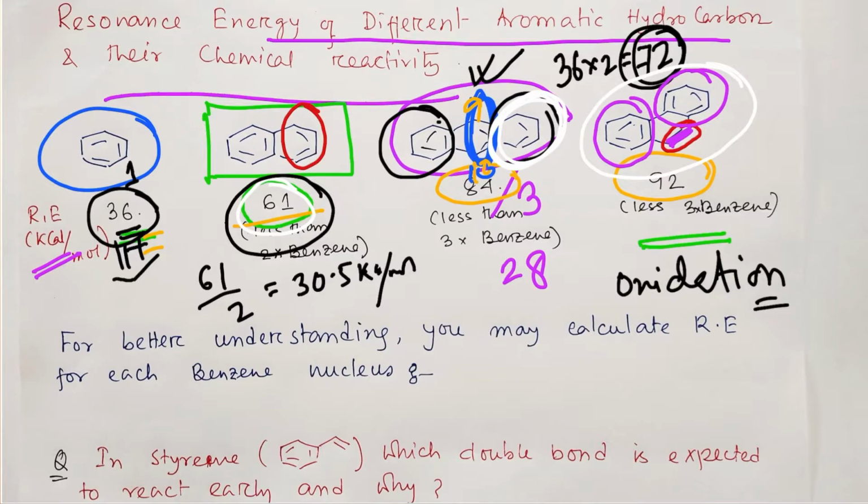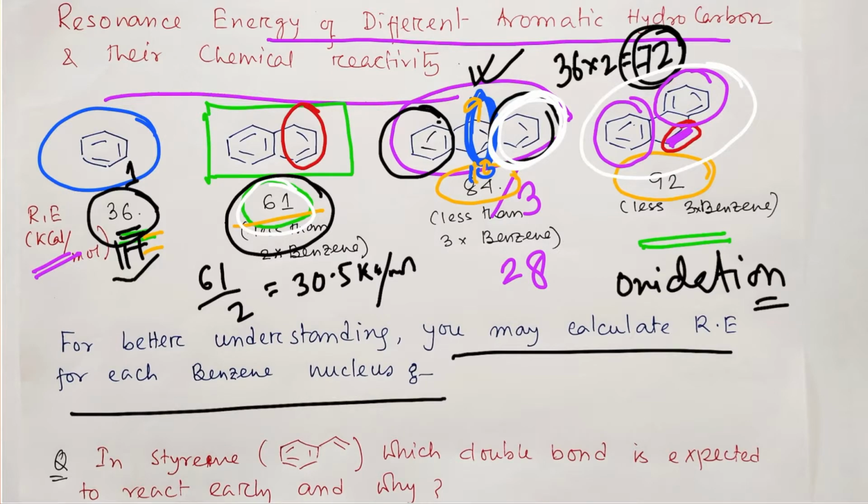Now the second thing, as I told you, for better understanding you may calculate the resonance energy with respect to the number of benzene nuclei present. Now a question: in styrene, which has a benzene nucleus attached to a double bond, which double bond is expected to react earlier, this external double bond or the double bond inside the benzene ring?